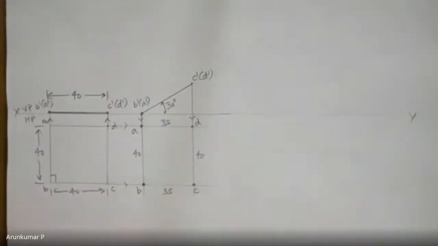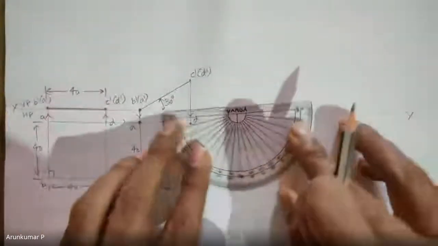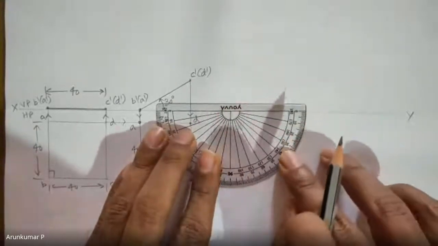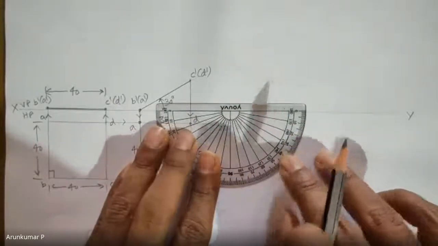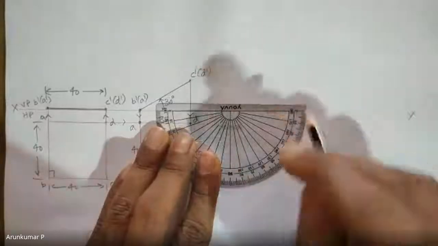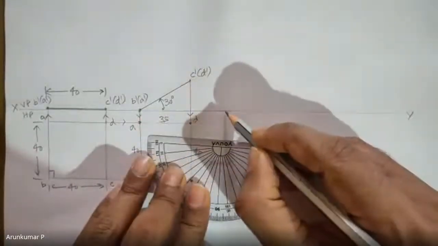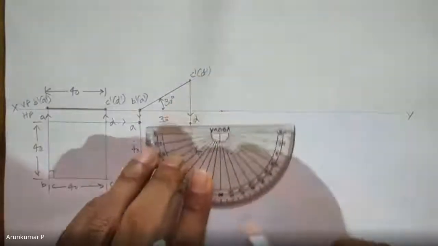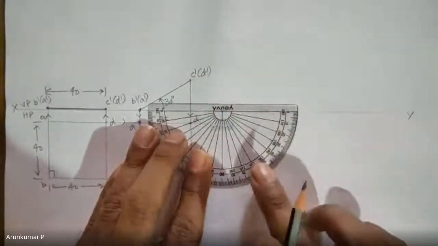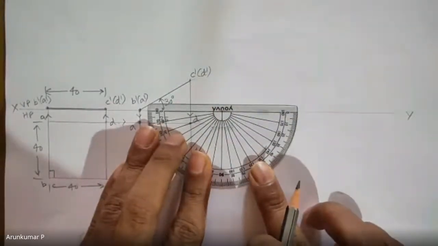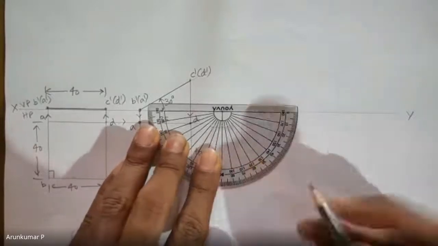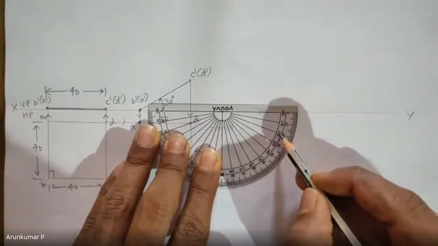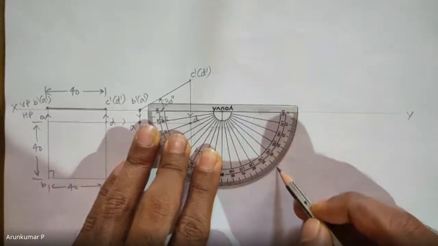So first you draw the 45-degree line. Leave some gap from the second step, some 20-30 mm gap, not too much. You can mark a point here like this, and from that point you can draw a 45-degree line, 45 degrees to the XY line.